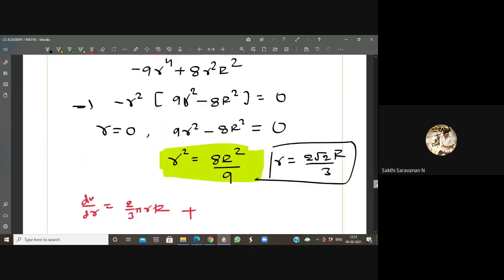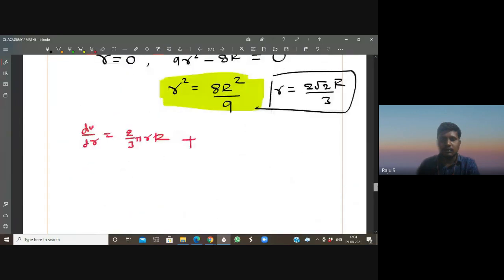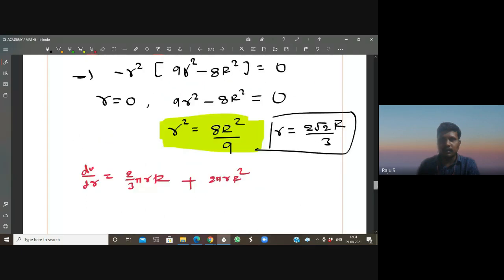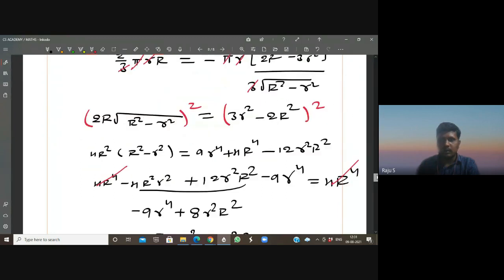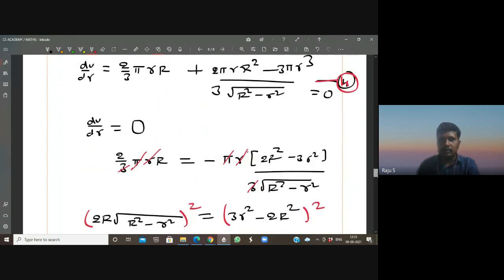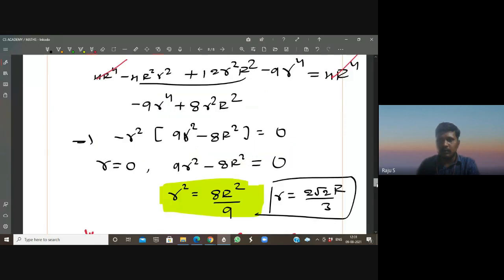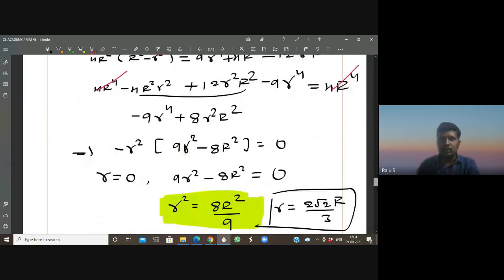Sir, you can scroll it up, sir. Sure. And 2 pi capital R square minus 3 pi capital R cube small r cube, or capital R cube small r cube, all divided by 3 into root over capital R square minus small r square.